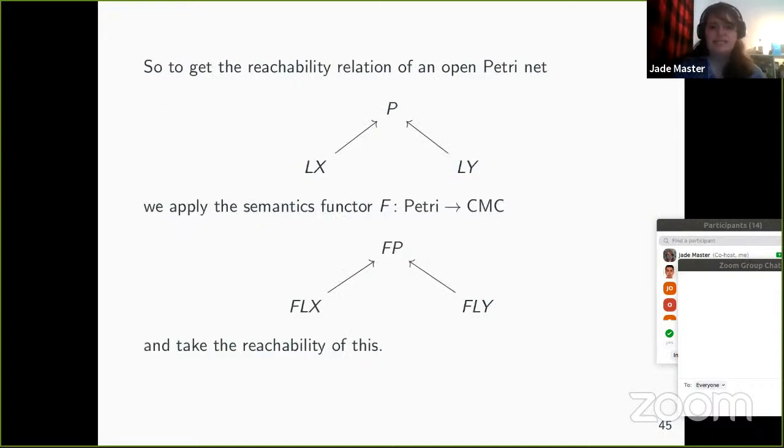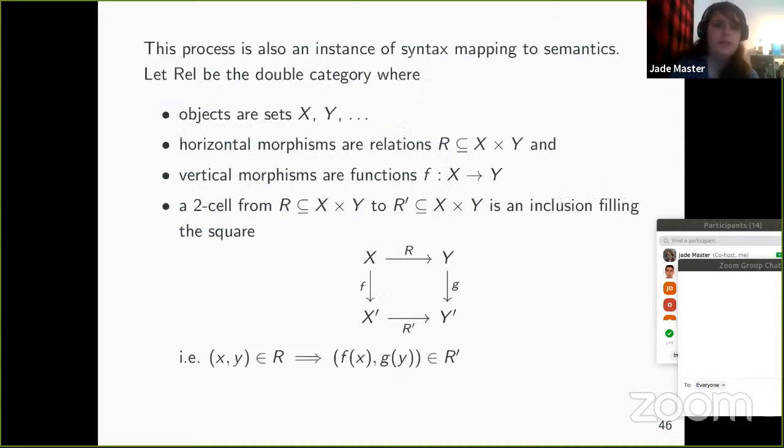And this process is functorial from the double category of open Petri nets. What is it functorial into? Well, it's functorial into the double category Rel, where objects are sets, morphisms are relations, vertical morphisms are functions, and a 2-cell between relations is a square, satisfying with an inclusion filling the center of it.